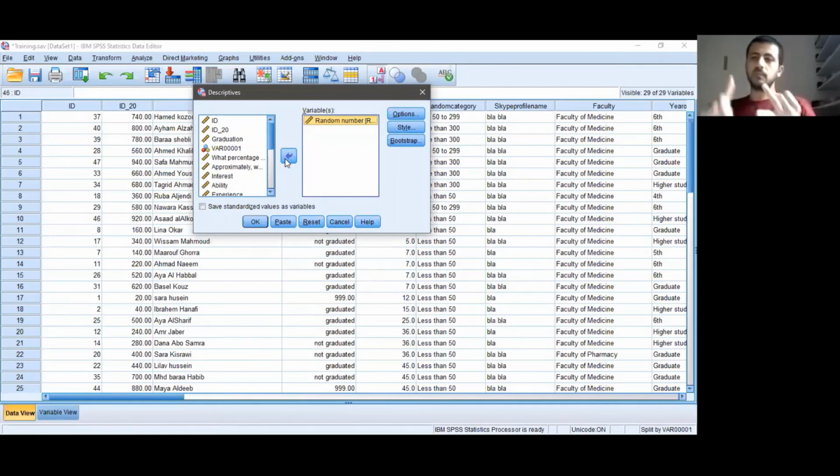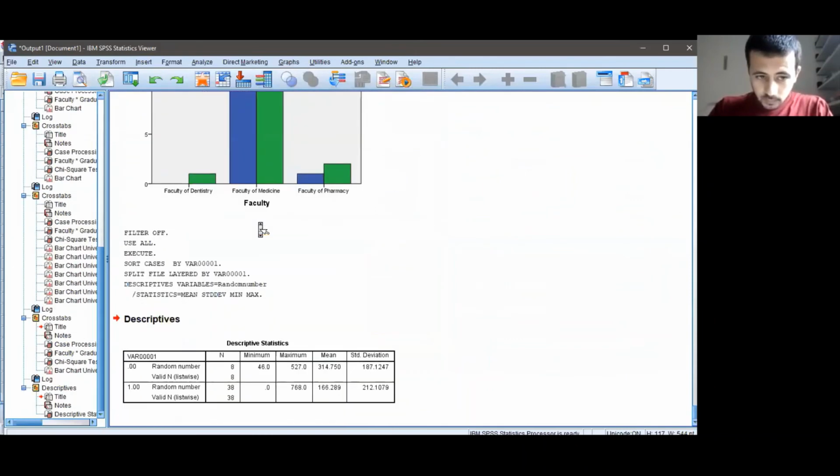It will give me the mean, standard deviation, everything. I press OK. And what did they do? They split the results into two groups, a group of 38 for Damascus University and a group of 8 for everybody else. They reported the same mean, maximum, minimum, standard deviation, but they split the file into two results.